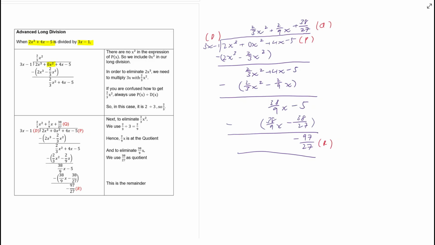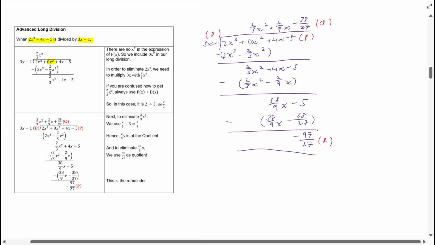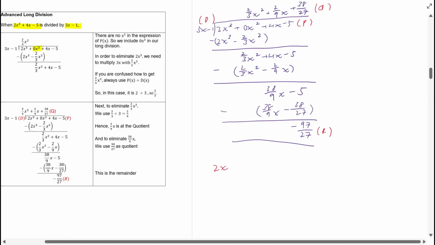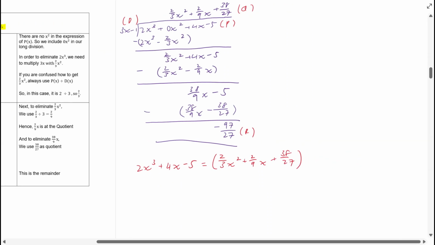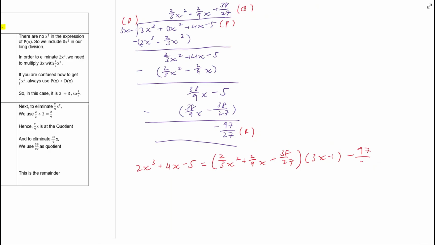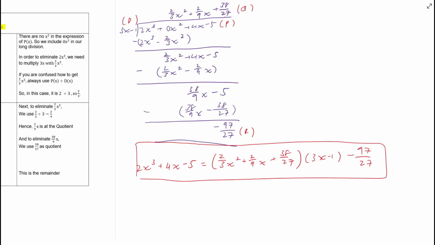So how can we re-express our polynomial? 2x cubed plus 4x minus 5 equals to quotient 2/3 x squared plus 2/9x plus 38/27 times our divisor 3x minus 1 plus our remainder, negative 97/27. This is how you get your final answer.